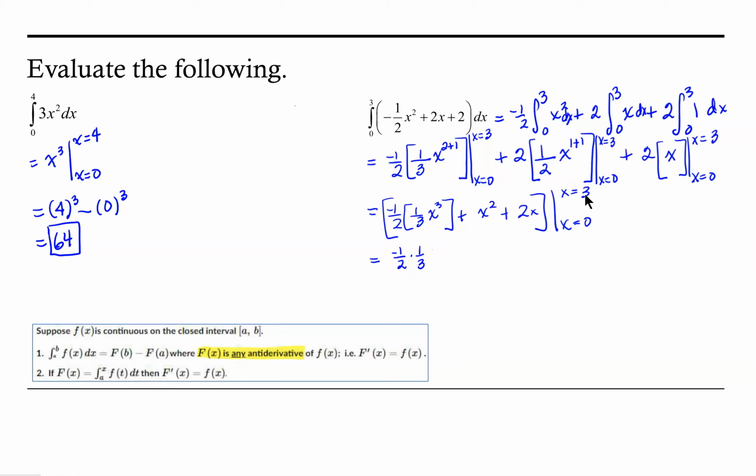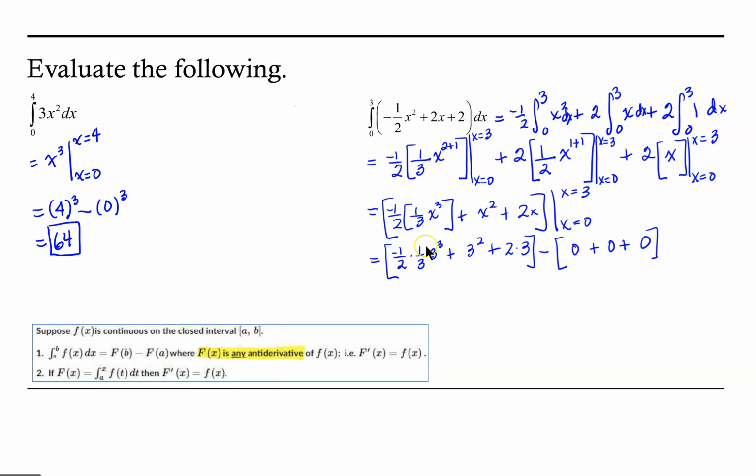And when I evaluate that at 3, I get times 3 cubed, plus 3 squared, plus 2 times 3, minus, and then evaluating this same antiderivative at 0, I get 0 plus 0 plus 0. 0 times -1/6 is 0, 0 squared is 0, and 2 times 0 is 0.